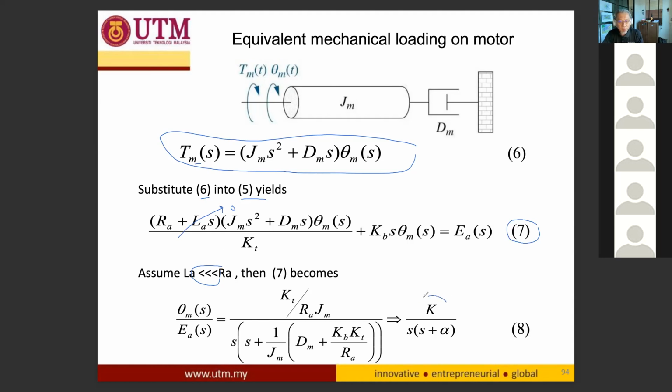So it becomes K over s plus alpha, where alpha is represented by this bracket, and K is represented by this constant Kt divided by Ra divided by Jm. Usually in the circuits, all Kt, Ra, and Jm are fixed already by the motor manufacturer.